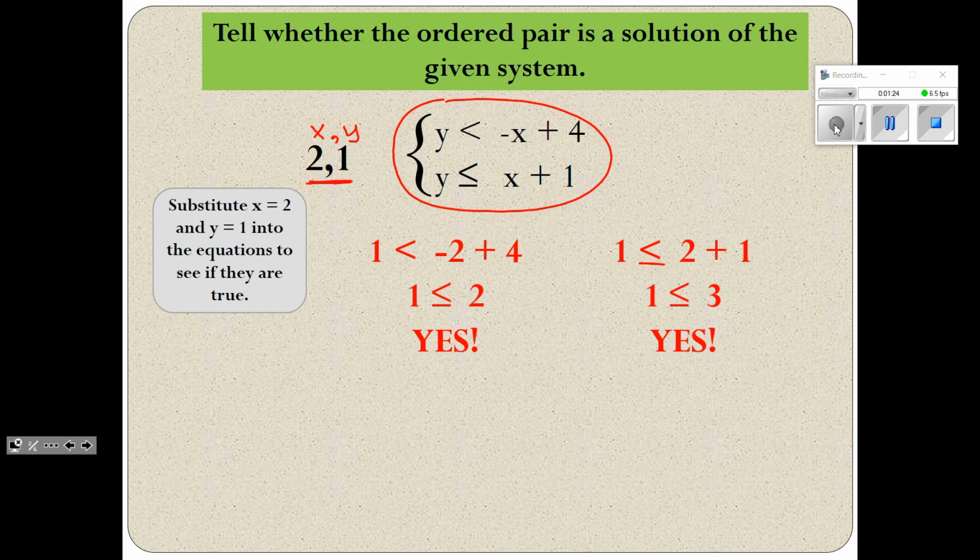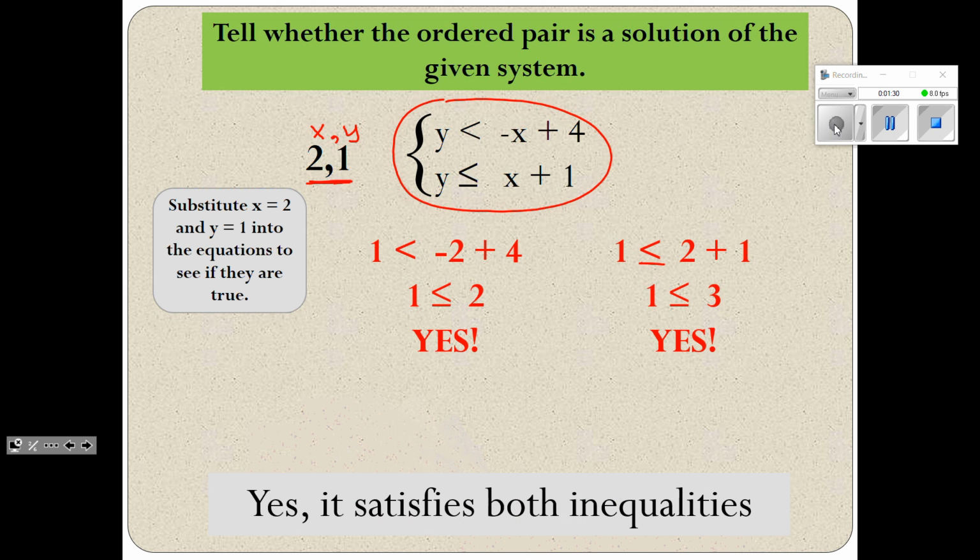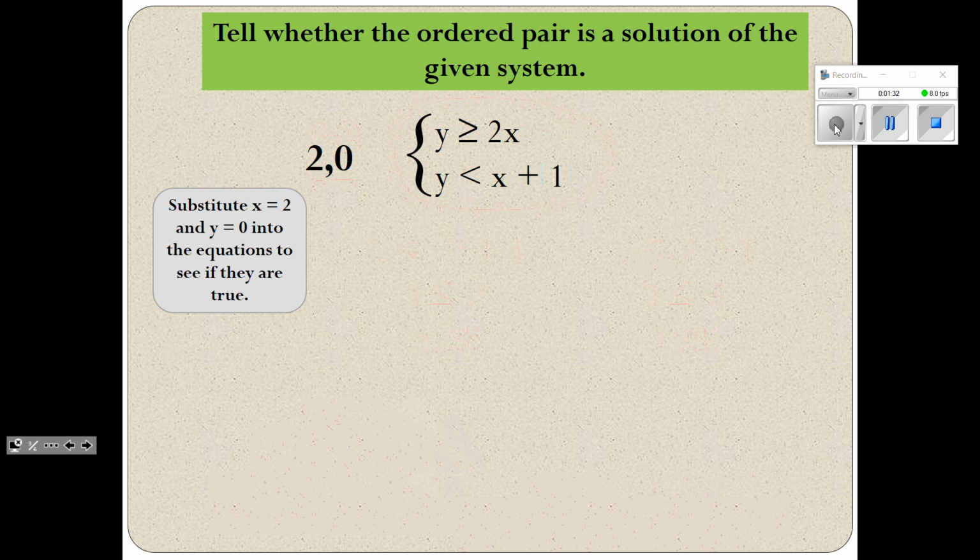It is. So if we were to graph both of these lines and do our double shading area, that would be part of the shaded area. It would be one of the solutions. Again, we're just going to practice seeing if this ordered pair would be a true answer. Remember, the 2 is the x and the 0 is the y. So when we plug those into the first equation, we plug in 0 for y.